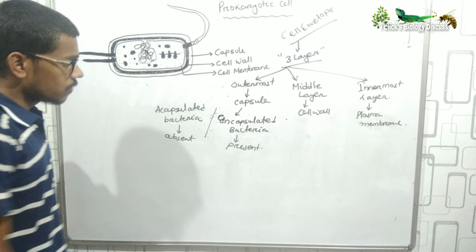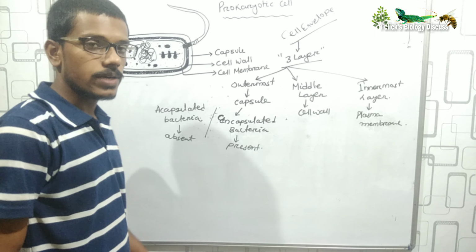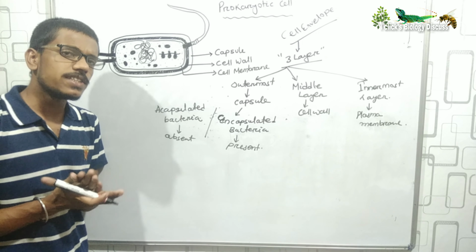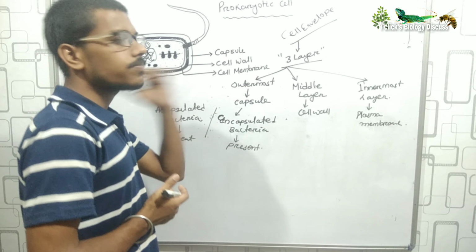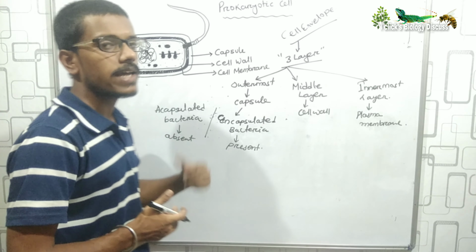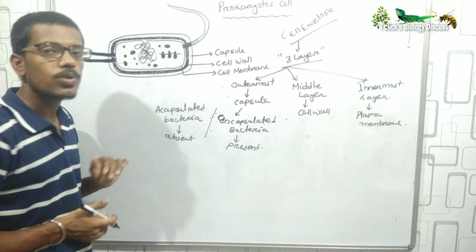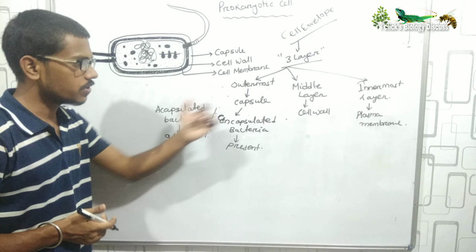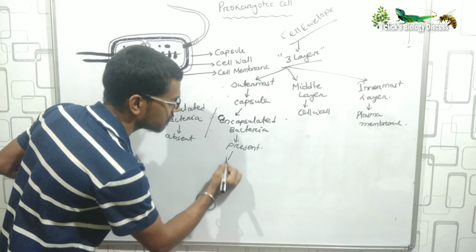If you see the capsule, it is made up of polysaccharide, and that polysaccharide is deposited by the protoplasm of the prokaryotic cell. What is the composition of this capsule? It is polysaccharide.